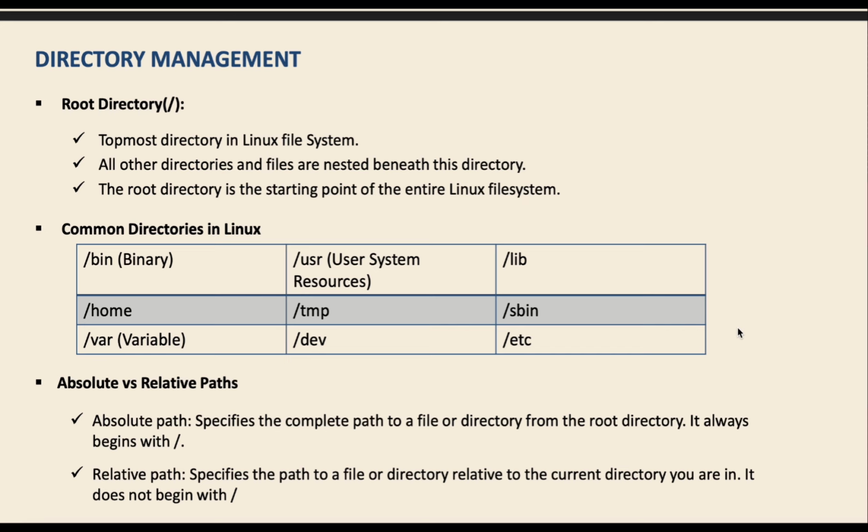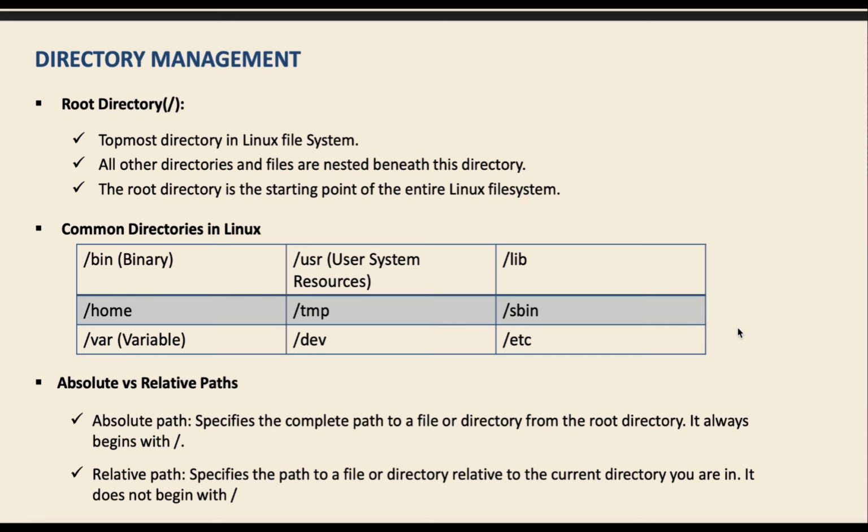And the last one is /etc. This directory contains the system configuration files, for example network settings, user management configuration, or server configuration files. These are the most common directories in Linux, and they are all present as part of the OS.